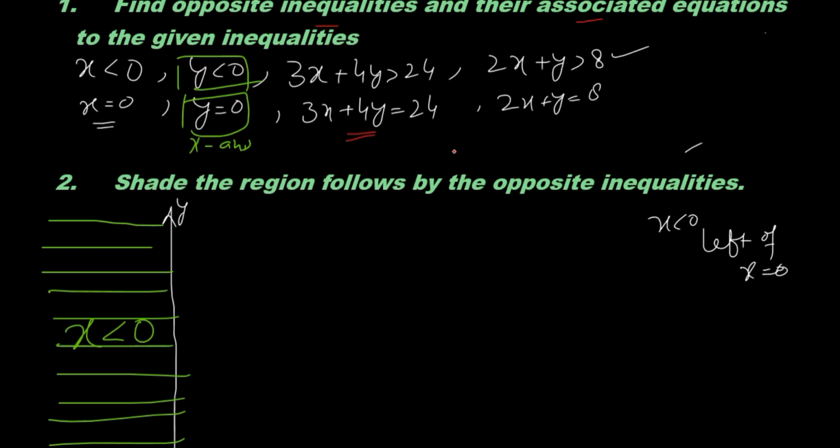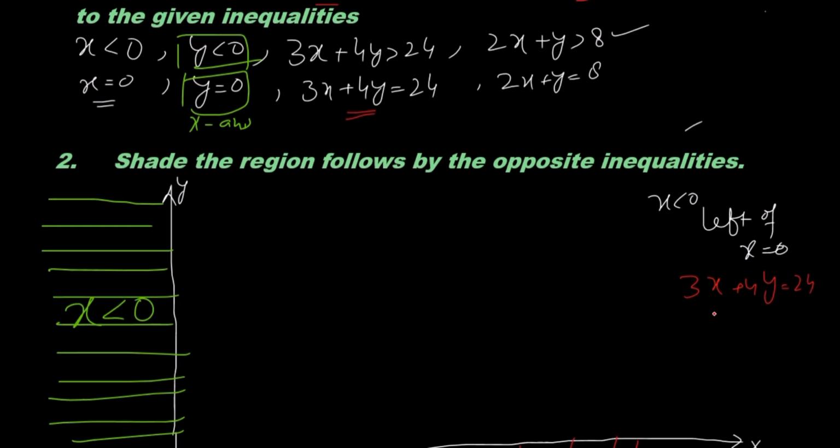What is the two intercept form of 3x plus 4y is equal to 24? We convert it into two intercept form. How can we find it? By just dividing on both sides by 24. We have 3x over 24 plus 4y over 24 is equal to 1. This will become x by 8 plus y by 6 is equal to 1.